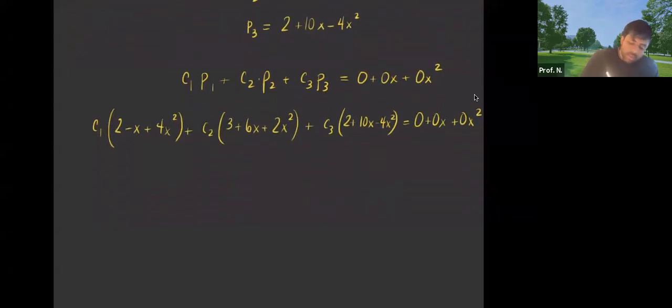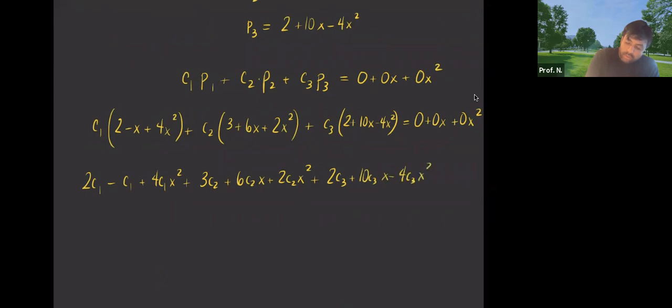When you distribute, you get 2C1 minus C1x plus 4C1x squared, plus 3C2 plus 6C2x plus 2C2x squared, plus 2C3 plus 10C3x minus 4C3x squared, equals 0 plus 0x plus 0x squared.